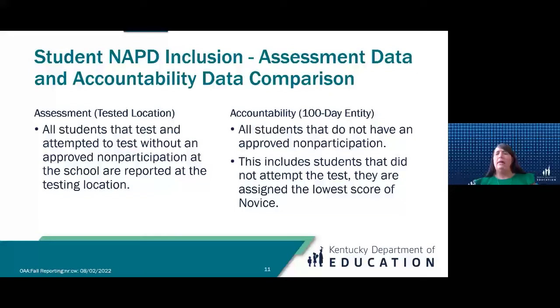Now, some people ask how students are included for novice, apprentice, proficient, distinguished with assessment data and accountability. When it comes to assigning novice, apprentice, proficient, distinguished, we will not see that at this point during data review.